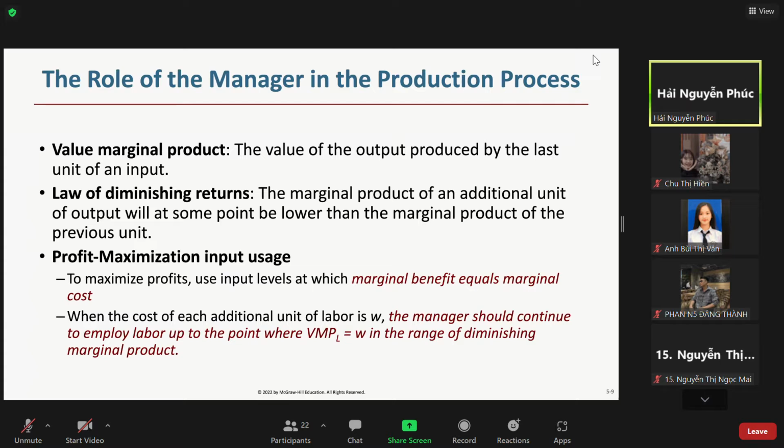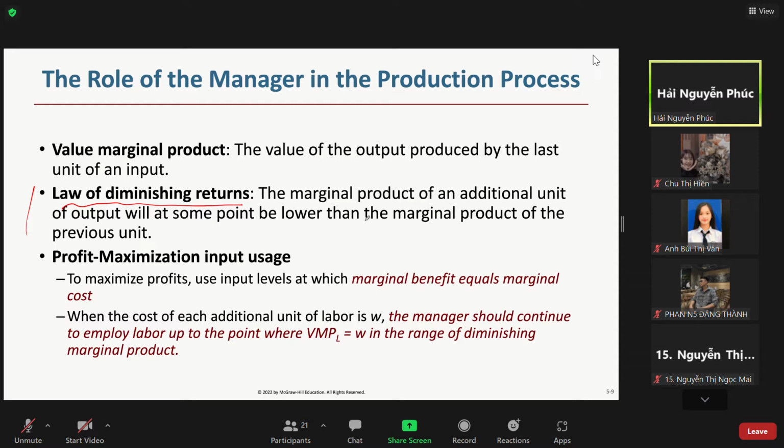Now let's move on to the next point. We are going to look at a pretty famous principle of economics: the law of diminishing returns.